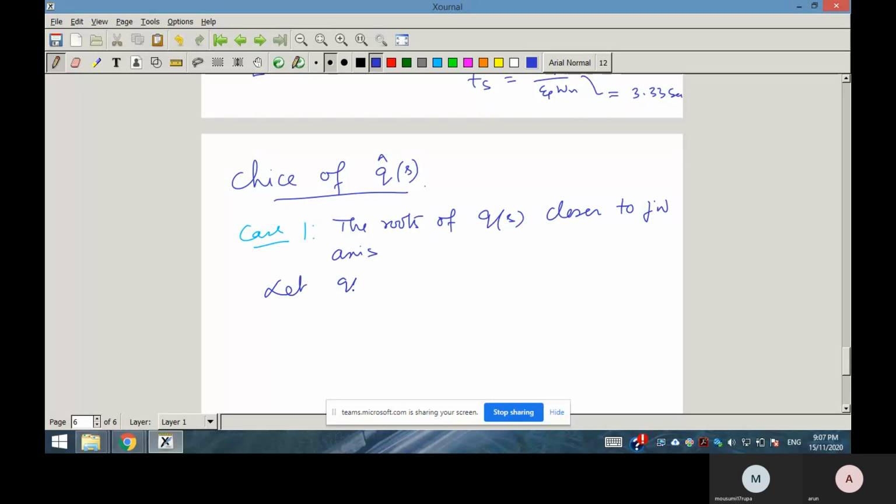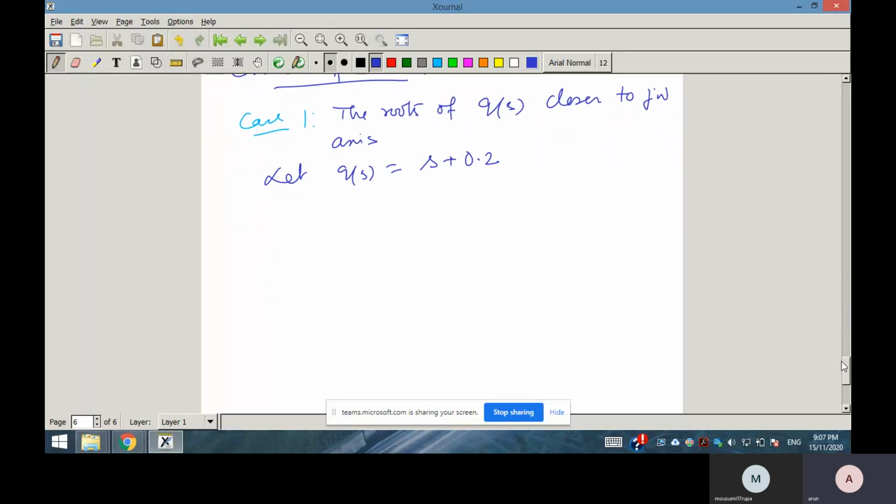Let Q(S) be chosen like this: S plus 0.2. If you choose S plus 0.2, then this implies delta(S) is delta hat(S) into Q hat(S).